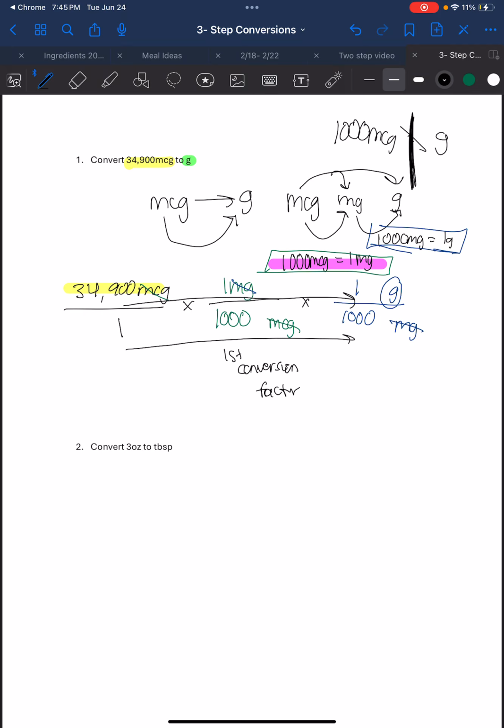So this problem is going to turn into 34,900 times 1 over 1 times 1,000 times 1,000. I'm going to put this in my calculator.